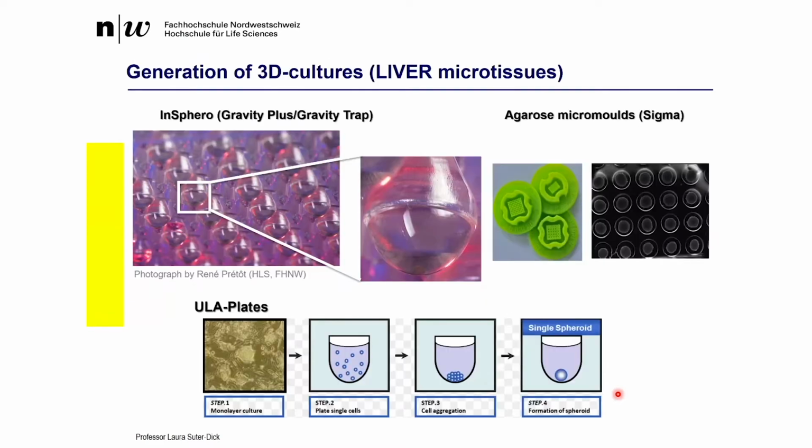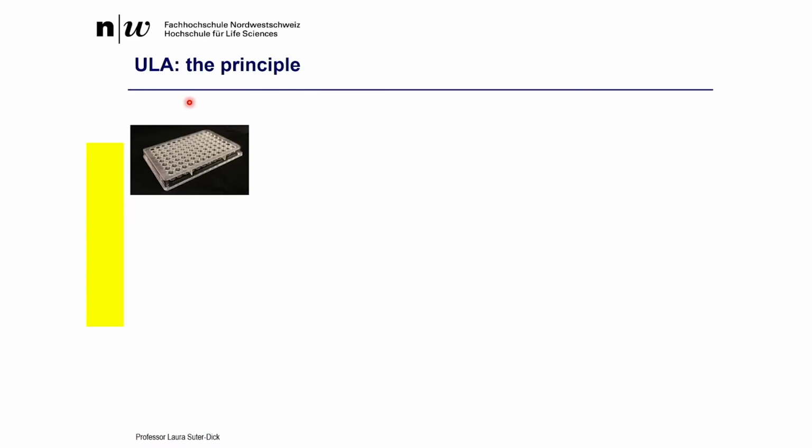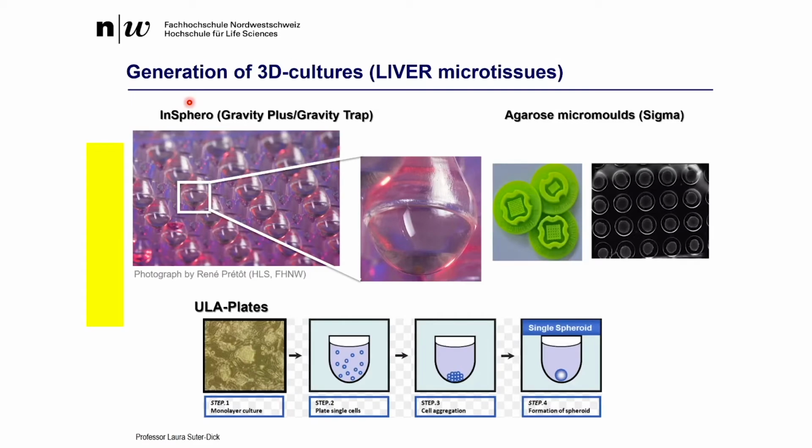So how can we generate these 3-dimensional models? There are several ways. This is not an exhaustive list, but these are the models which are used more commonly. On the one hand, you have models which use a hanging drop approach, like the Insphero depicted here at the top left.